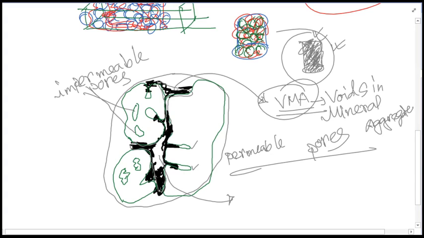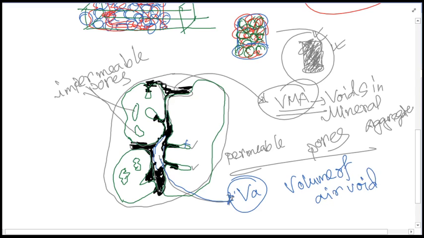If I ignore the bituminous portion, only the combined aggregate created some voids. This particular void we might call the air void volume, we can say.